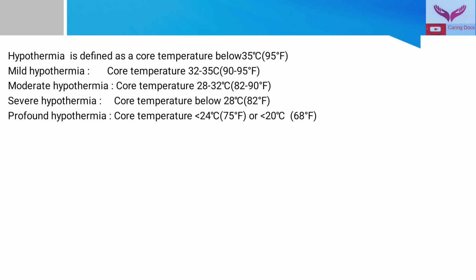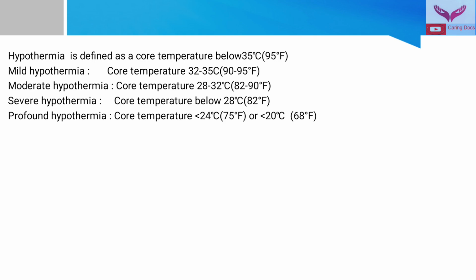Coming to hypothermia, it is defined as when the core body temperature is below 95 degrees Fahrenheit. Mild hypothermia is when the temperature is between 90 and 95 degrees Fahrenheit. Moderate hypothermia is when the temperature is between 82 and 90 degrees Fahrenheit, and severe hypothermia when the temperature is below 82 degrees Fahrenheit.